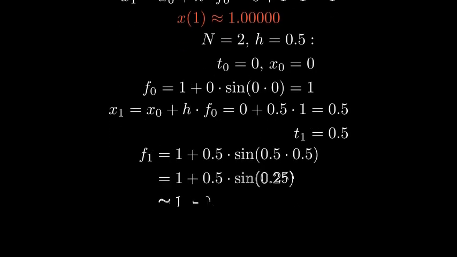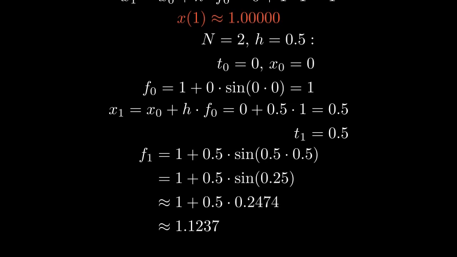For the second step, we calculate the derivative at t1 equals 0.5 and x1 equals 0.5. This gives us f1 equals 1 plus 0.5 times sine of 0.5 times 0.5, which is 1 plus 0.5 times sine of 0.25. Sine of 0.25 is approximately 0.2474.